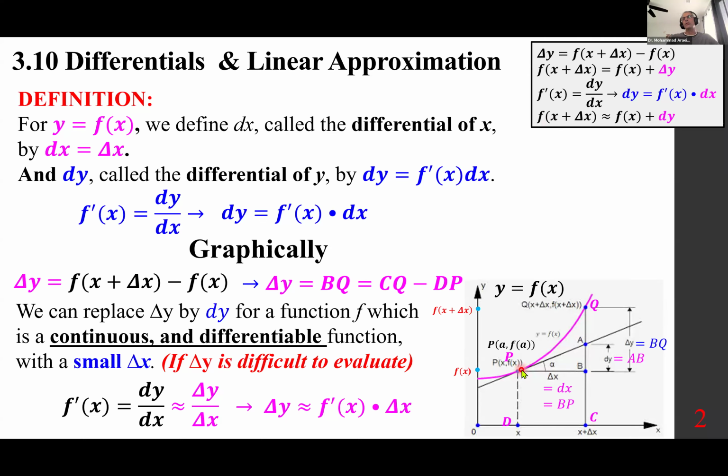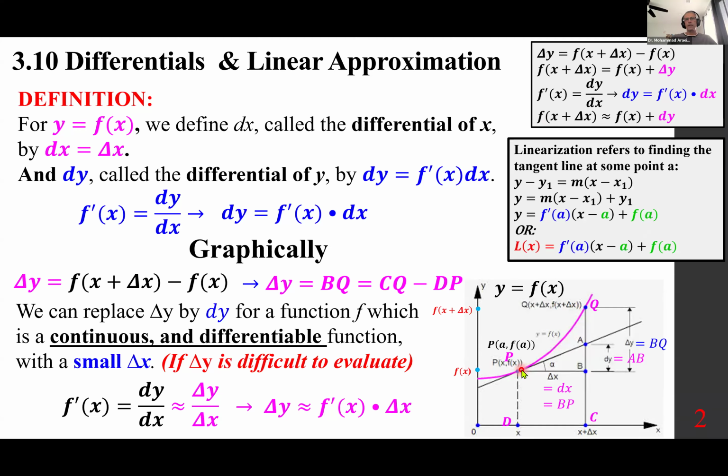Now, at this point with coordinates a, f of a, linearization simply refers to finding the tangent line at some point a. If you look at the point-slope form, y minus y1 equals m times x minus x1. So y equals f of a plus m times x minus a, where m is replaced by f prime of a.